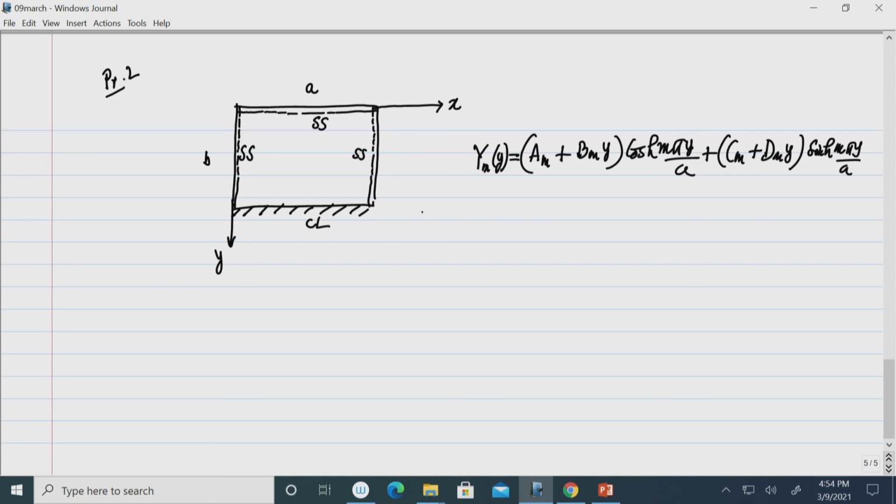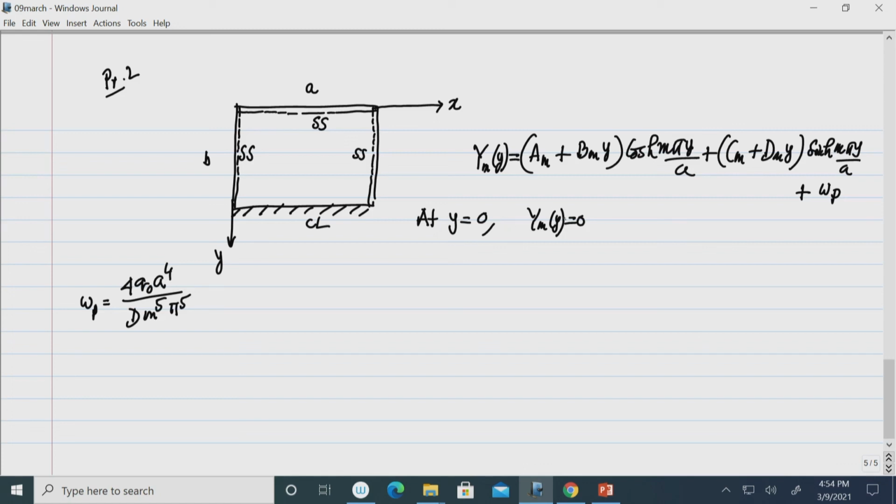So, at y is equal to 0, deflection is 0. Of course, your particular integral will come. The particular integral value will be the same for uniformly distributed load that we have found out earlier, and I am writing it here for uniformly distributed load, it is 4 q naught a to the power 4 divided by d m to the power 5 pi to the power 5. So, this particular integral has to be written here.